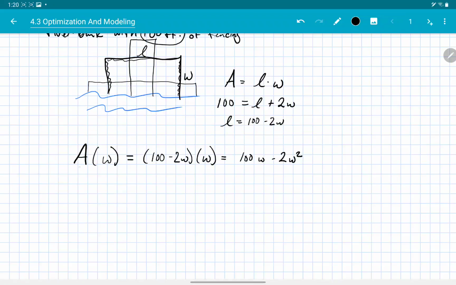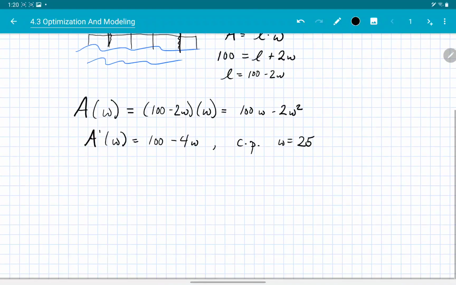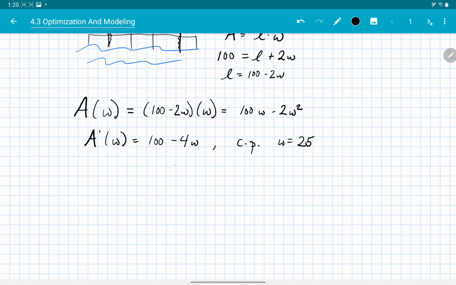So indeed, we can take the derivative. A prime of W is going to be 100 minus 4W. And so the critical point is going to be W equals 25. And that tells us that A of W, or A of 25, is the maximum.